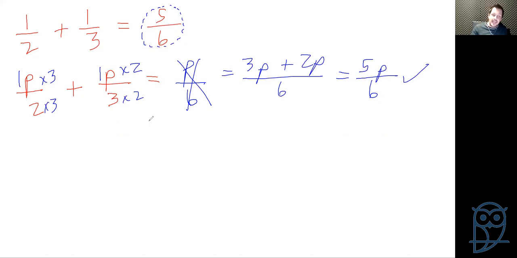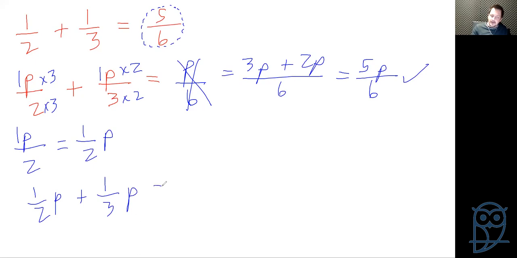However, what you can do is you can realize that p over 2, or 1p over 2, is actually a half of p. So this p out on the right just shows this fraction a little bit more easily for you to see. So we have a half p plus we have a third p.